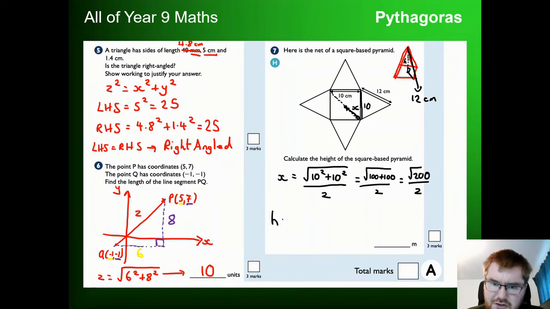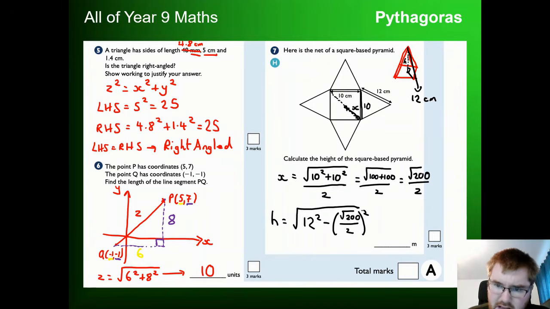So to work out h, we need to do the square root of, well, we want the big side, which is 12 squared, minus what we just worked out. So the square root of 200 over 2 all squared. So only at this point am I really reaching for that calculator, because I'm trying to really avoid these rounding errors. So let's go to my calculator and work out the final answer.